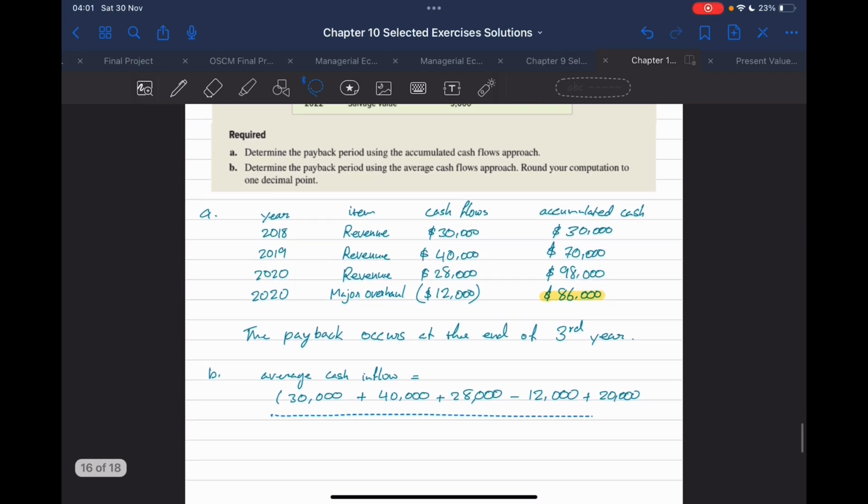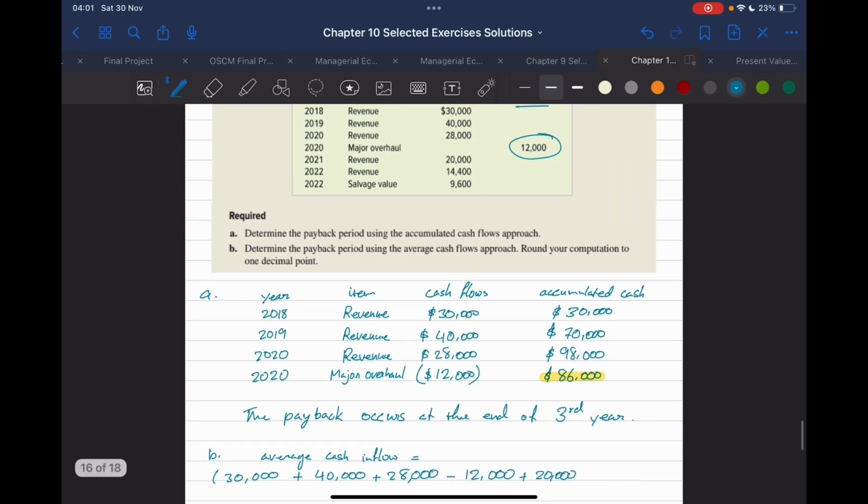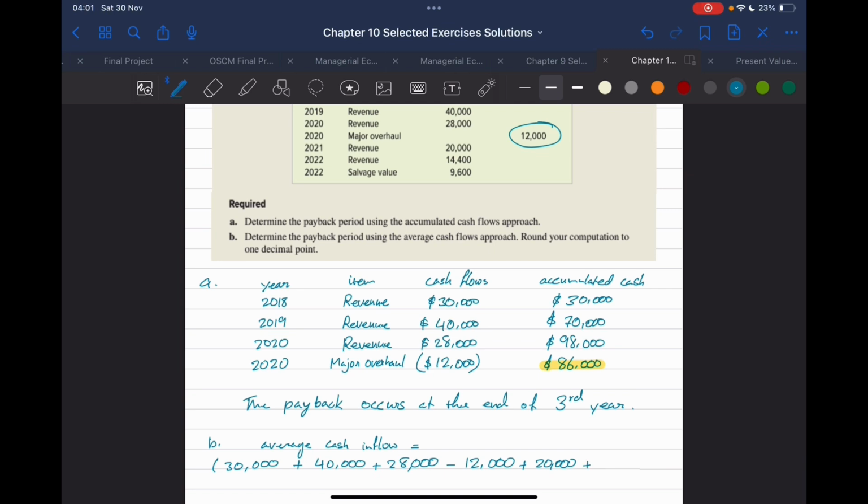I was hoping I can get this in one line, but let's drag it a bit to the left, see if we can fit. Okay, and then plus 14,400. Okay, plus last one, 9,600.